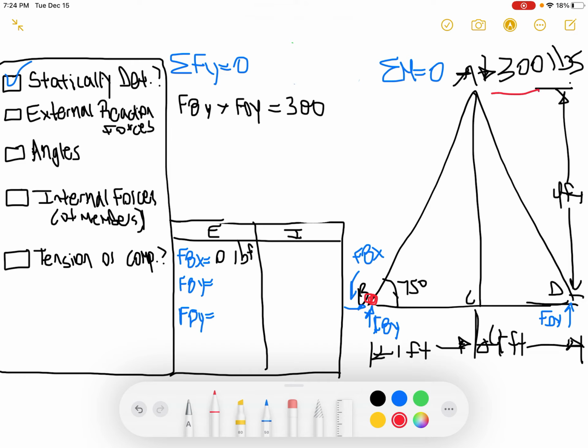Because this force is down, so it would go like this, clockwise. That means that we need to make this force negative. So we say negative 300. Now what? We need to multiply the negative 300 by how far it is away from the joint. 1 foot, it says right there.